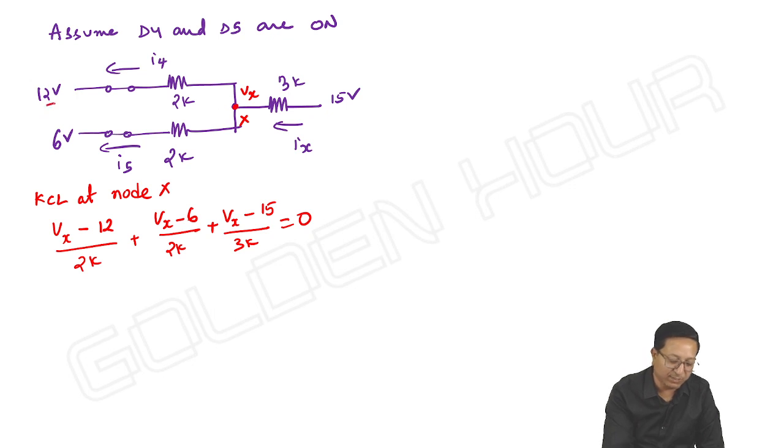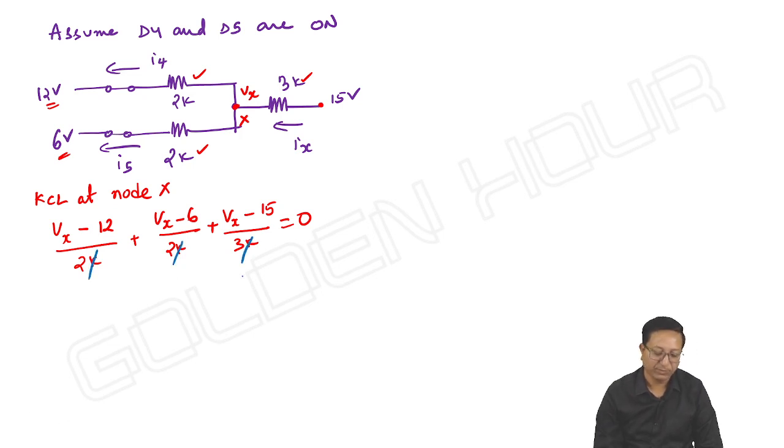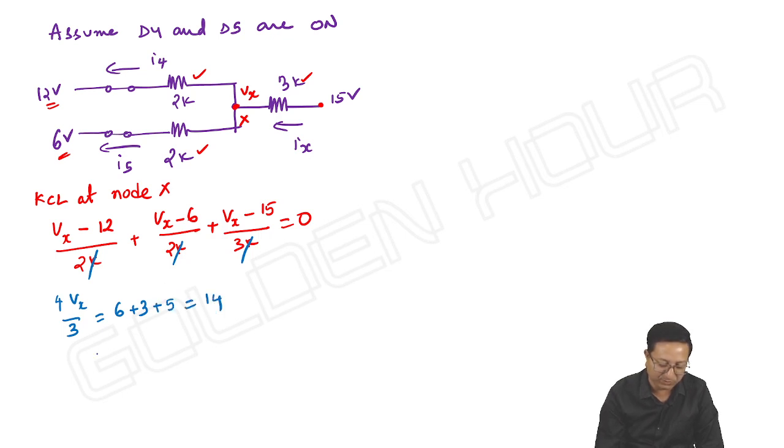Kilo cancels, not a problem. Vx by 2 plus Vx by 2, that is Vx. Vx plus Vx by 3, that is 4Vx by 3. It is equal to 12 by 2, that is 6, plus 6 by 2, that is 3, plus 15 by 3, that is 5. So it is equal to 14.